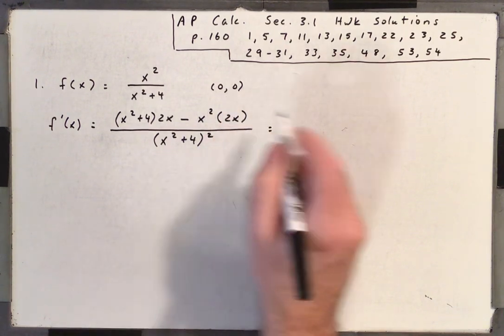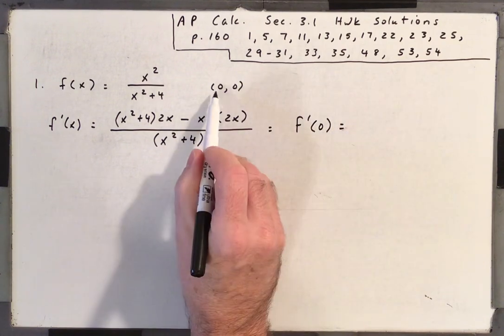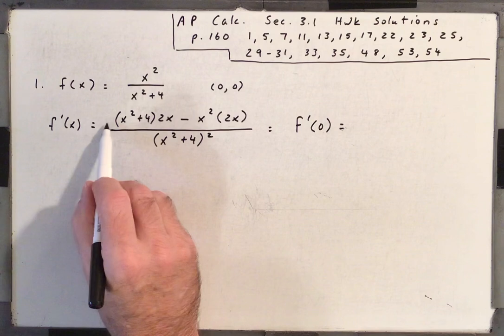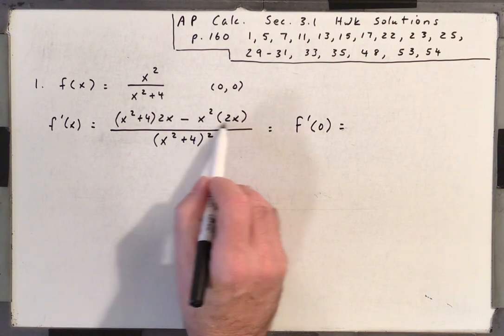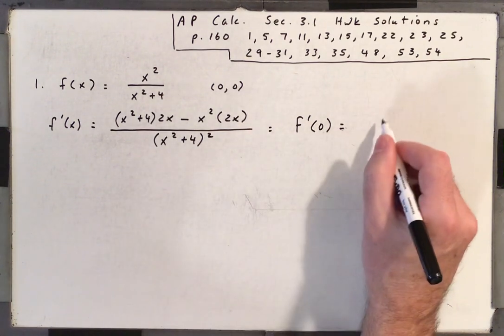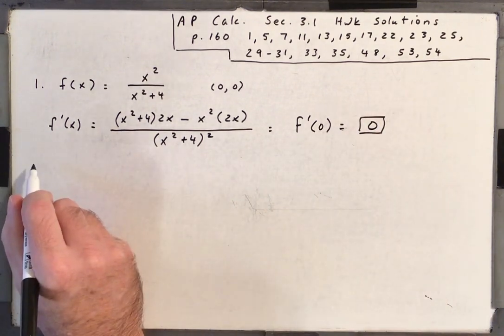So if we plug in 0, f prime of 0, just plugging in the x value, this makes the whole thing 0, and 0 squared is 0 times 0. So the top is going to be 0, the bottom will be 4, so that's 0 over 4, which is 0.